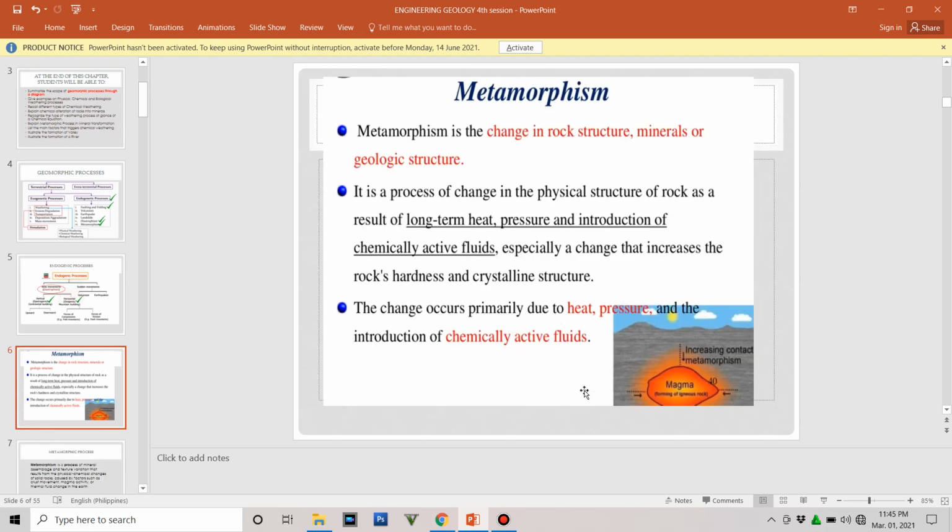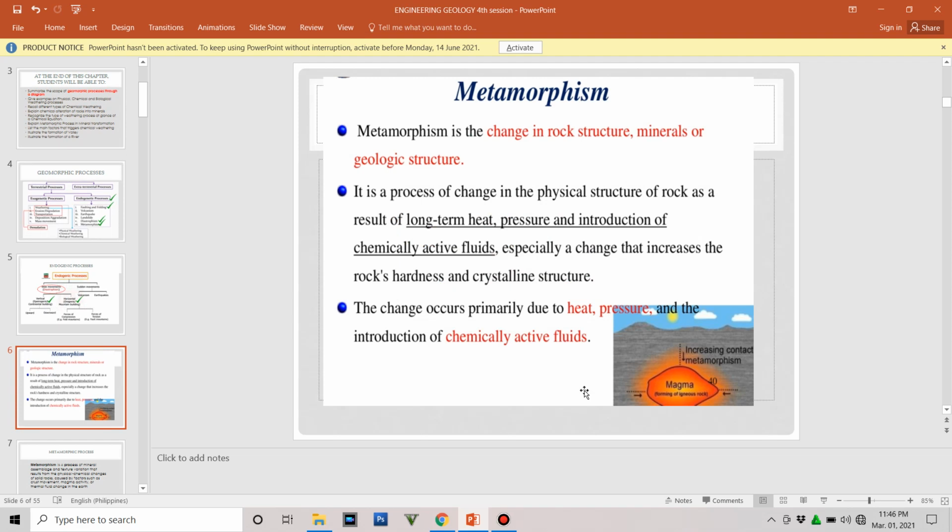And here we also have discussed initial insights on metamorphism, wherein metamorphism is actually an alteration on the structure or minerals or geologic structure. So the key term here is when we have certain material underneath. Of course, we know that as we go down, the pressure increases.